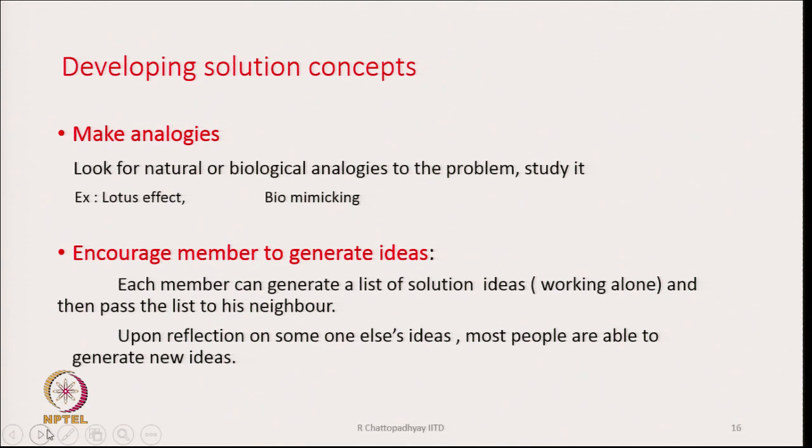When no idea comes to the mind, then we bank upon nature. So, we try to find out whether a similar analogy exists in nature or not. If something is there, we try to study it and try to get information and analyze it, and then we can generate ideas out of it.